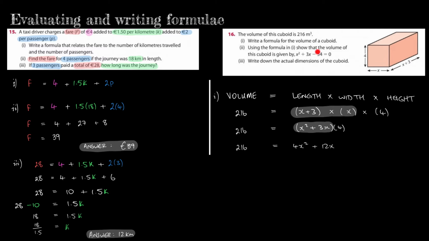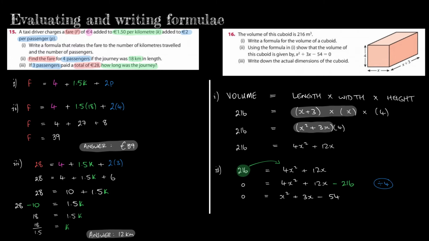Using the formula, show that the volume of the cuboid is given by this. So basically what they're saying is to show that this is equal to this. So that's very easy. All I need to do is put my x squares first, my x's second, and my numbers last, and then I can just simplify them. So I brought the 216 over, and then I had 0 is equal to 4x squared plus 12x minus 216, because it's coming over.